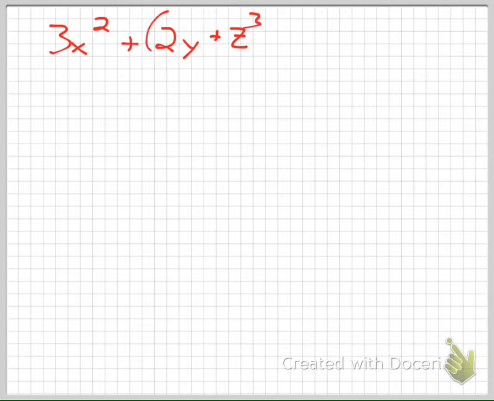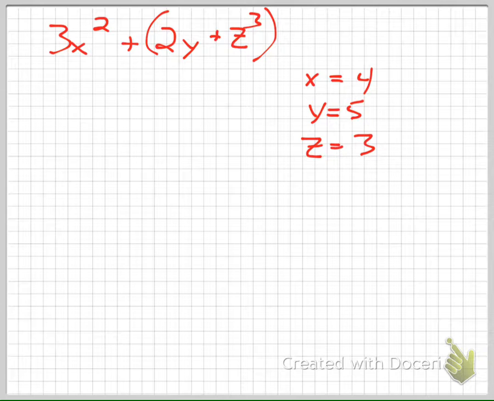Okay, the last thing that we're doing here before break is this. 3x squared plus 2y plus z to the third in parentheses. And then they say that x equals 4, y equals 5, z equals 3. We have done this.